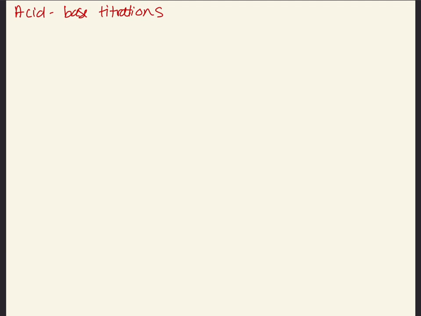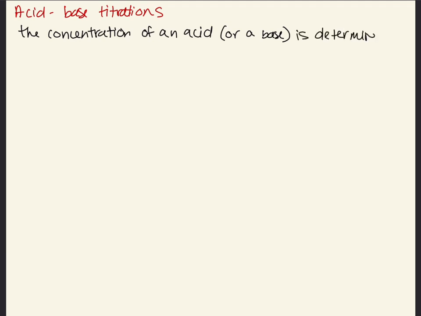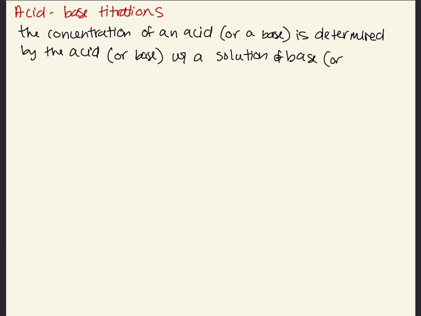Now, in an acid-base titration, the concentration of an acid, and in fact it could be a base, is determined by neutralizing the acid or base with a solution of base or acid, if you are trying to titrate with a base of known concentration.